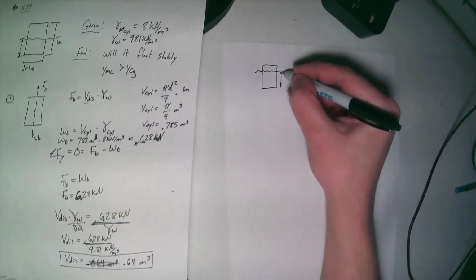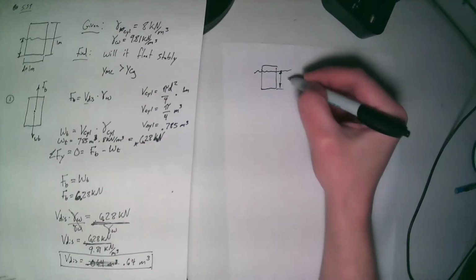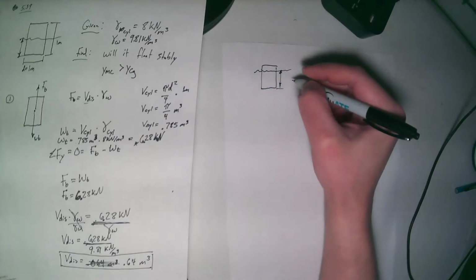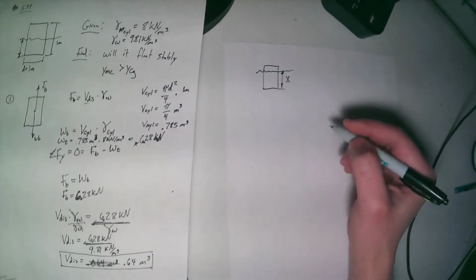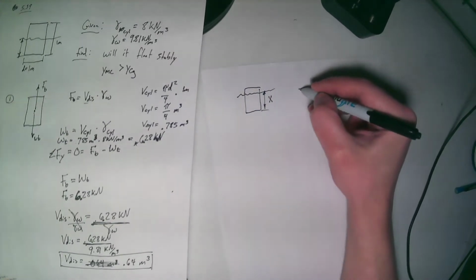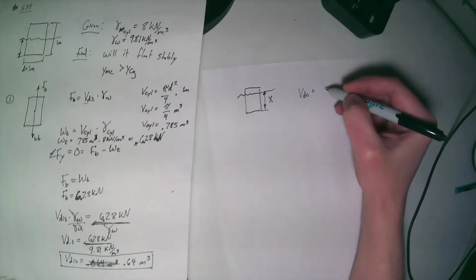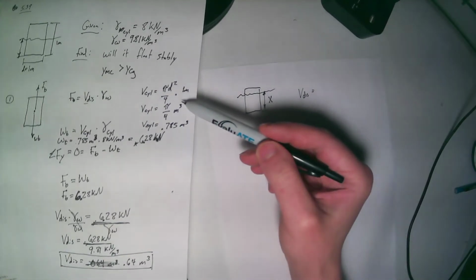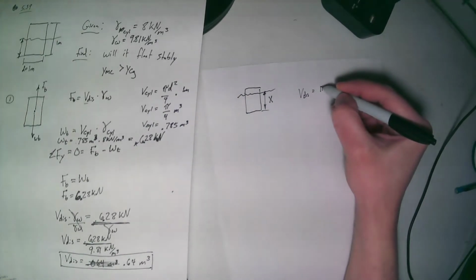A lot of times they call this X in the book. I'll stick along those lines, finding X. So what we want to do here is think of our volume displaced. It's going to be a very similar equation to the one we found for the volume of our total cylinder, because our diameter hasn't changed.